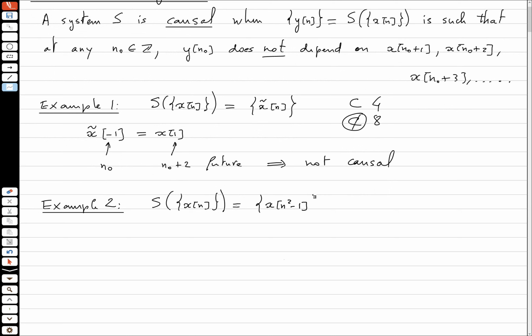So this is my favorite system that I introduced to you from the very beginning. Okay, how many of you vote this is causal? How many of you vote this is not causal?